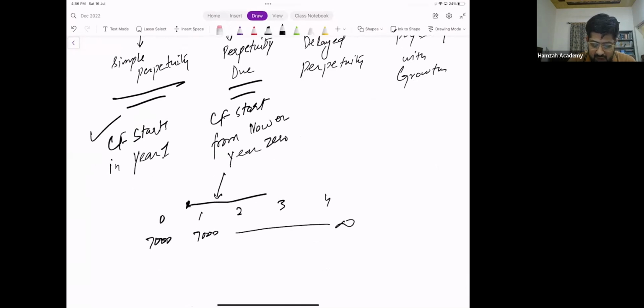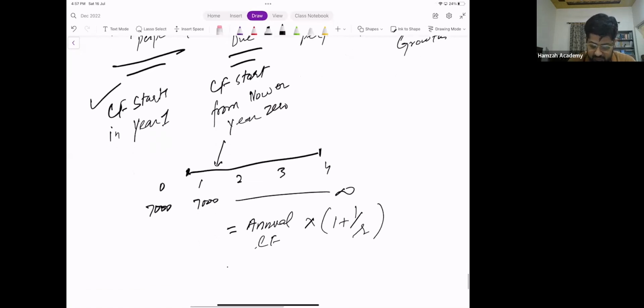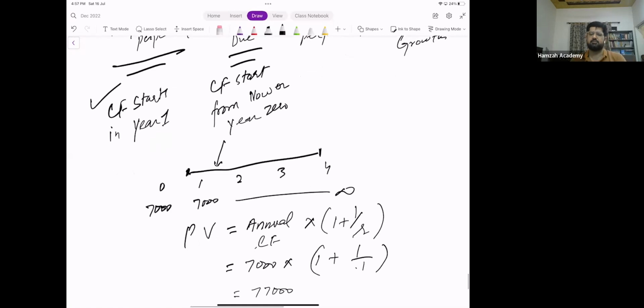From here to here, simple perpetuity. So annual cash flow into 1 over R, and for year 0, 1 plus R. So 7,000 into 1 plus 0.1. It is 77,000. Perpetuity due.